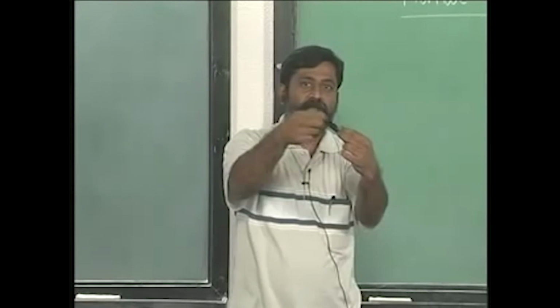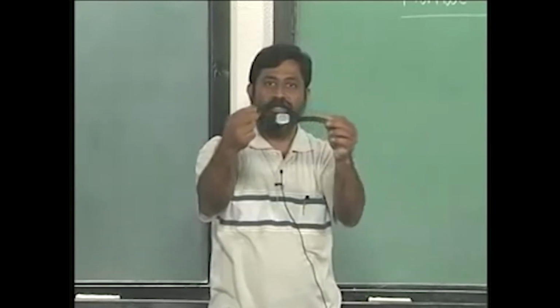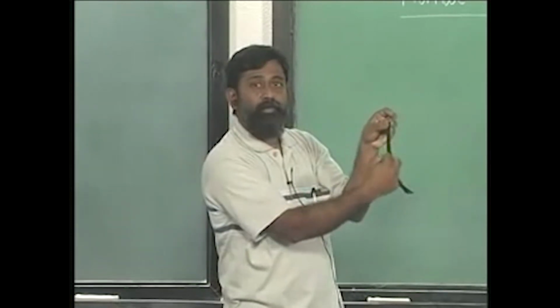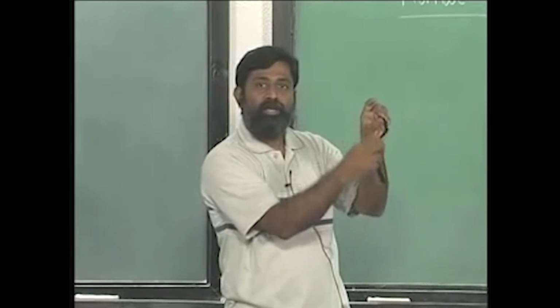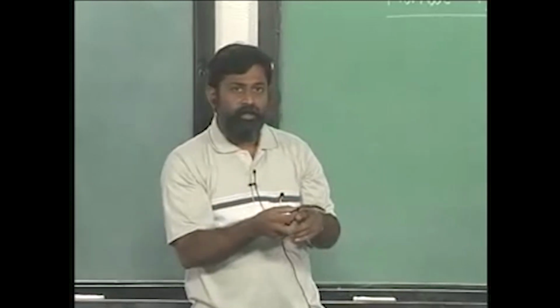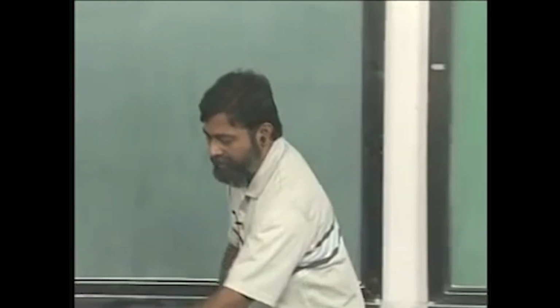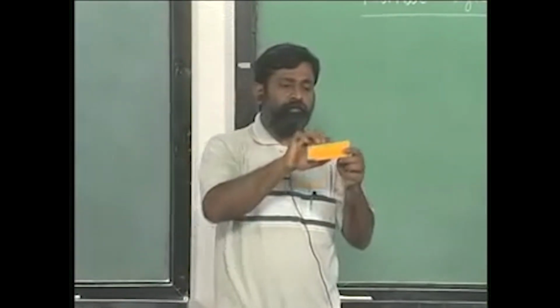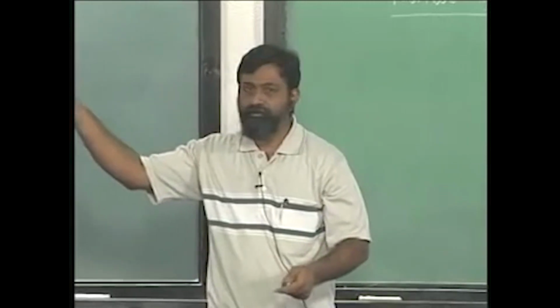In addition, it can also be very flexible, or in other words each point of this body can move relative to each other. We call this a flexible body. On the other hand, supposing I take a body like this and I want to describe the motion of this body, let us say it is moving like this.